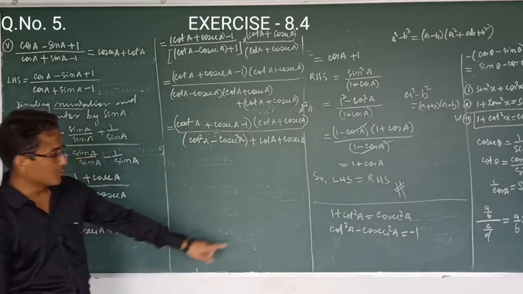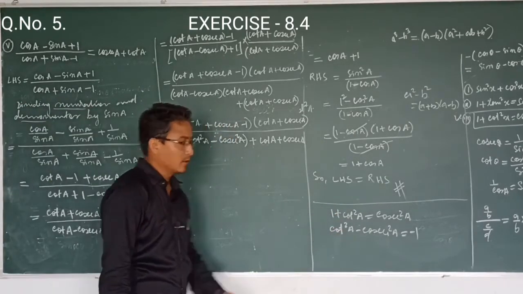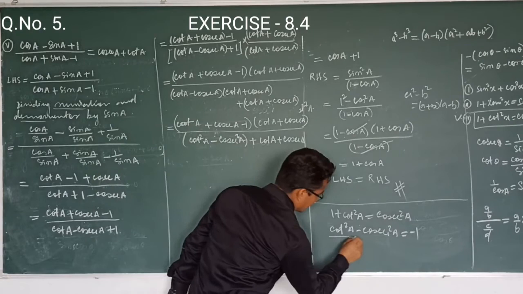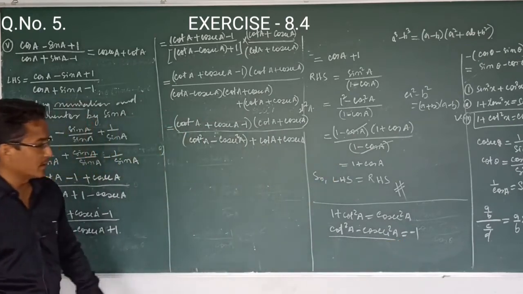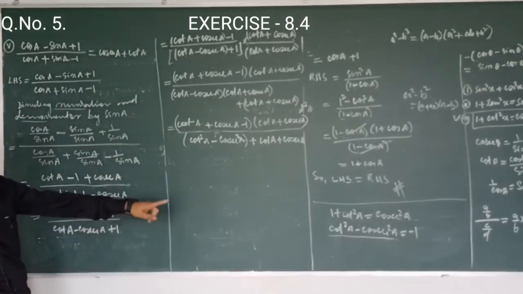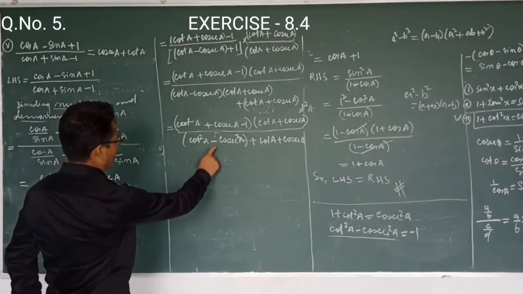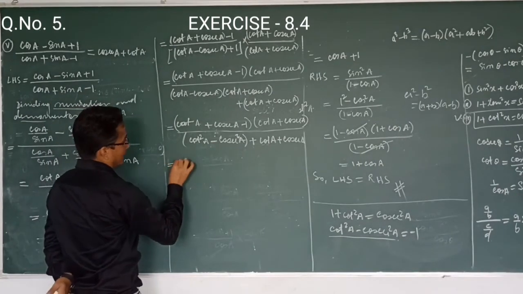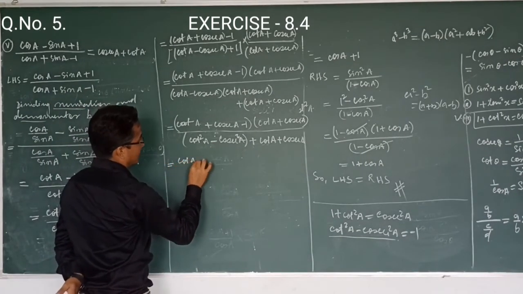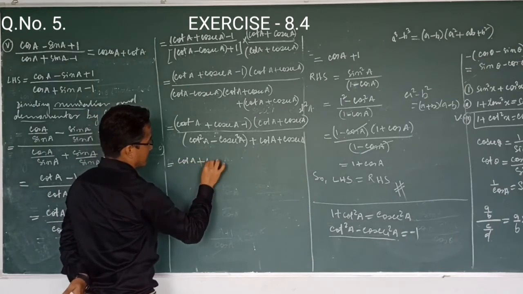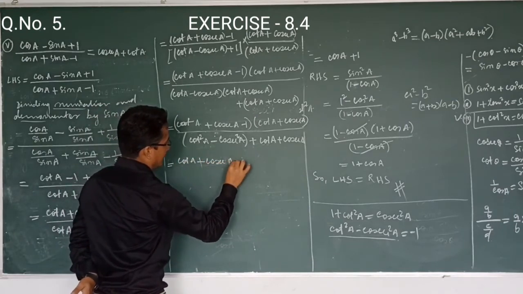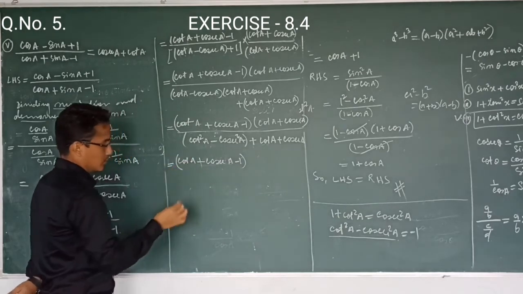So I modify this formula in this way. That means cot square A minus cosec square A equal to minus 1. So that minus 1 I will put here. So cot A plus cosec A minus 1.